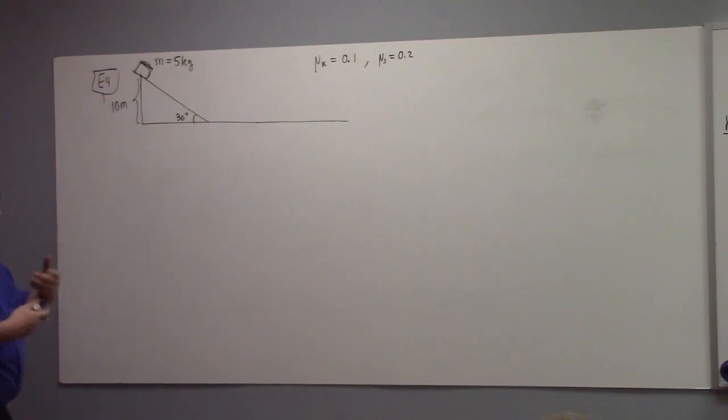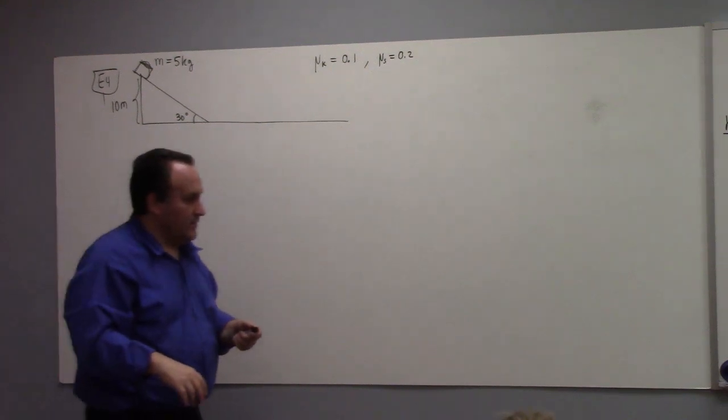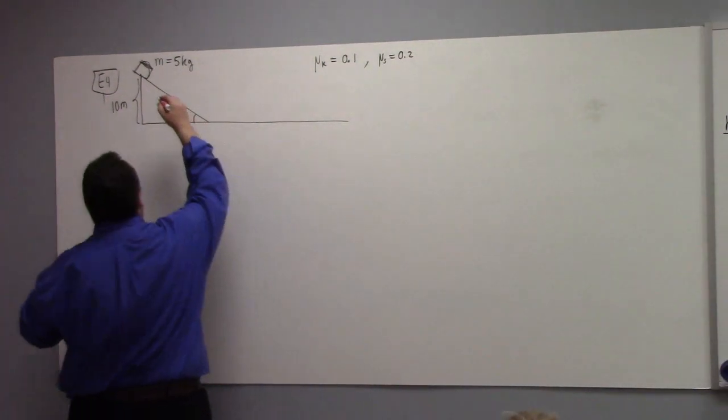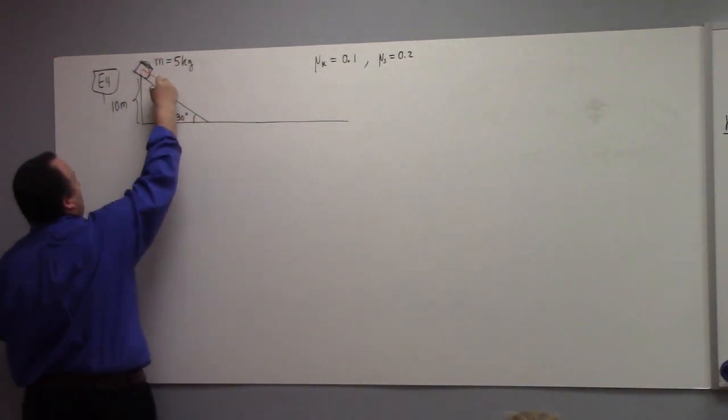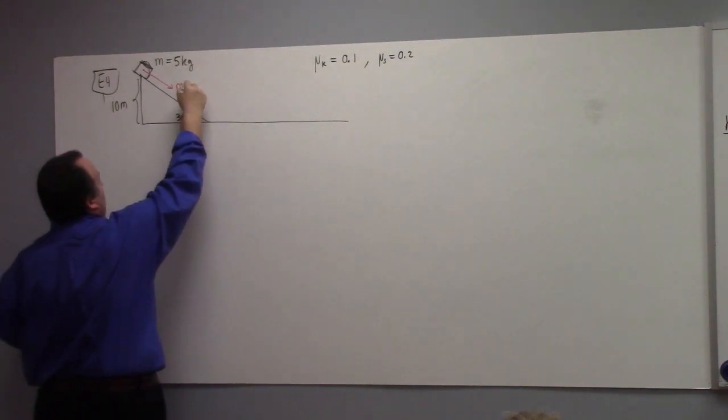Energy doesn't fix that for us. That's a problem of forces. So we have to think about the free body diagram and what the forces at work here are. You've got your force parallel down the plane, mg sine 30.